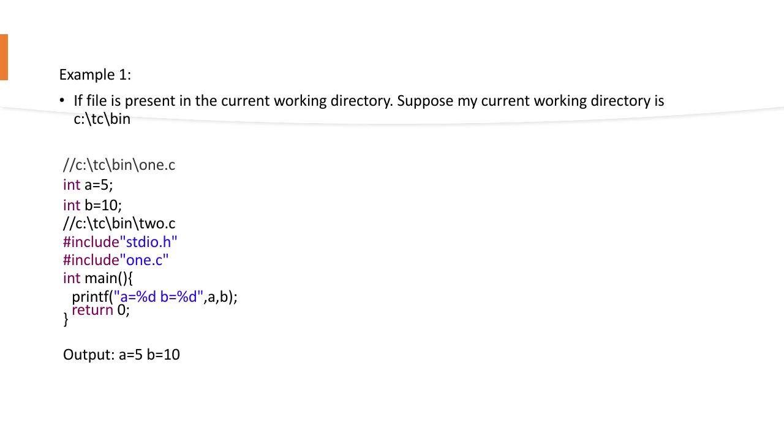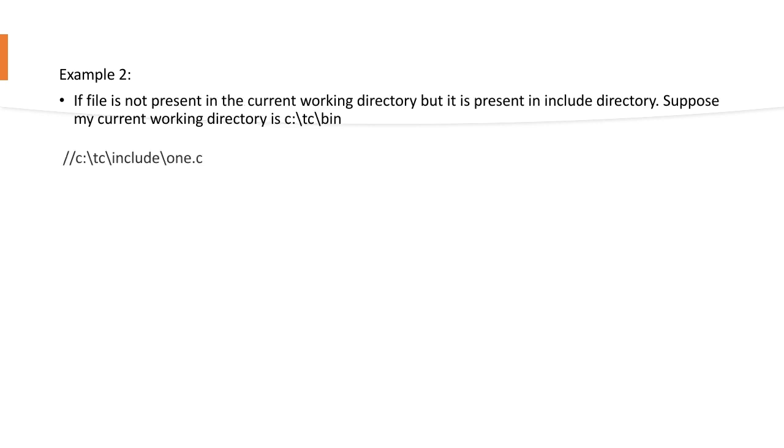Now if it is not present in the current working directory but it is present in the include directory. Suppose my current working directory is c:/tc/bin. In 1.c, I'll write a equal to 50, b equal to 100, and in 2.c printf a equal to %d, b equal to %d.